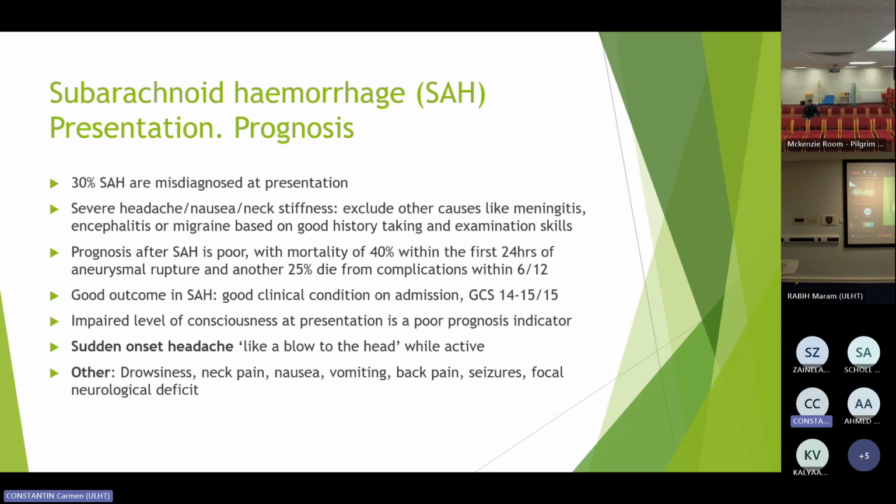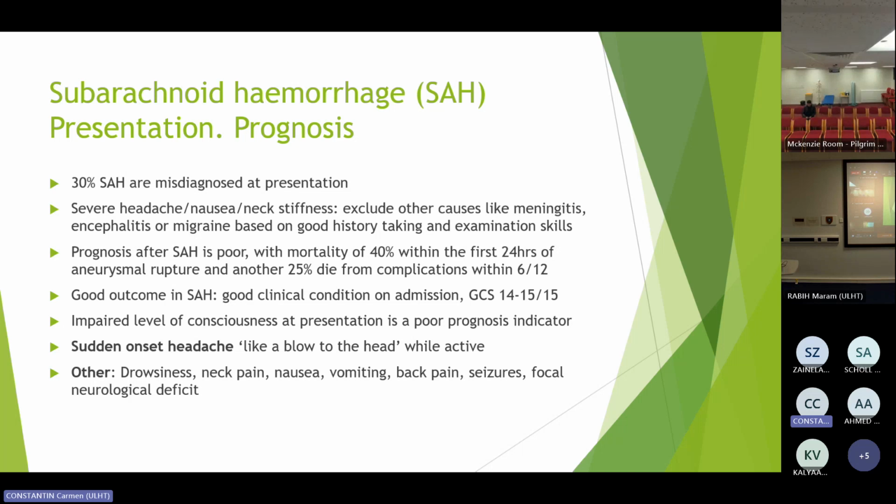Prognosis after subarachnoid hemorrhage is poor because we have a mortality of 40% in the first 24 hours if we have a ruptured aneurysm, which we could lower by referring these patients based on CT head scan to the neurosurgical team, and based on the CT angiogram head, the aneurysm could be spotted, and patients could have a clipped aneurysm to improve the outcome.